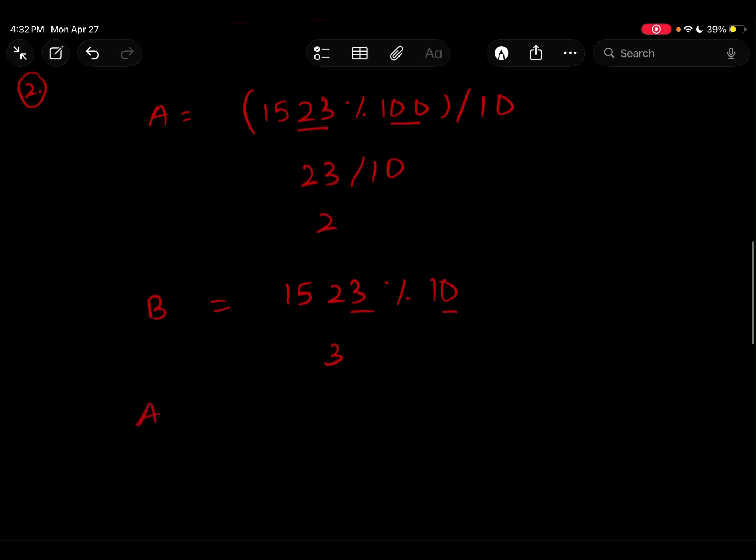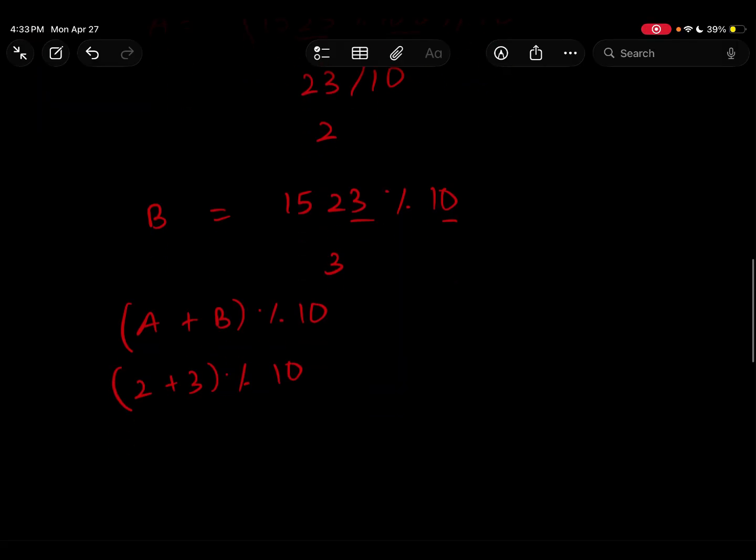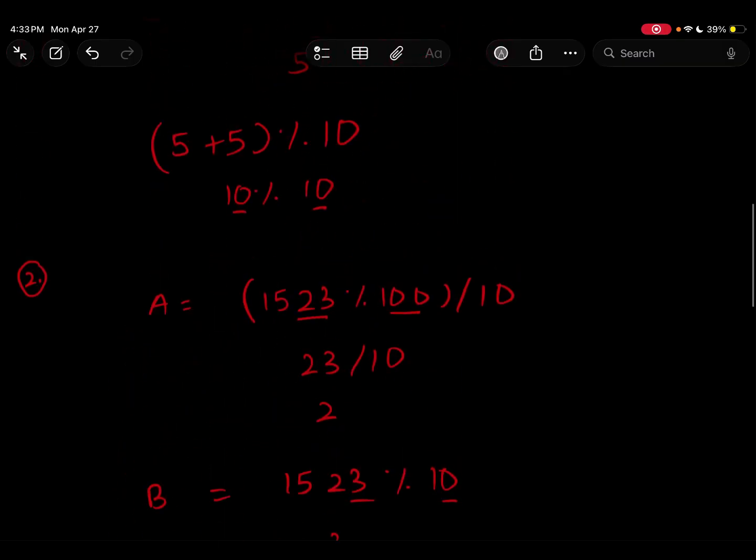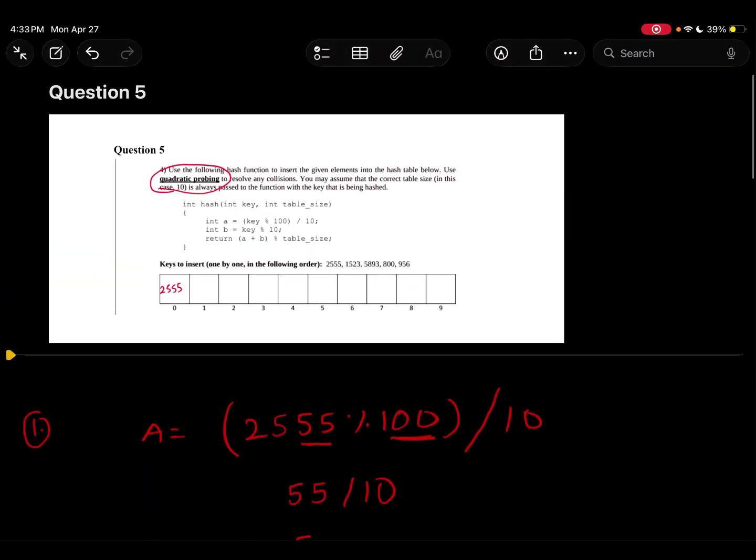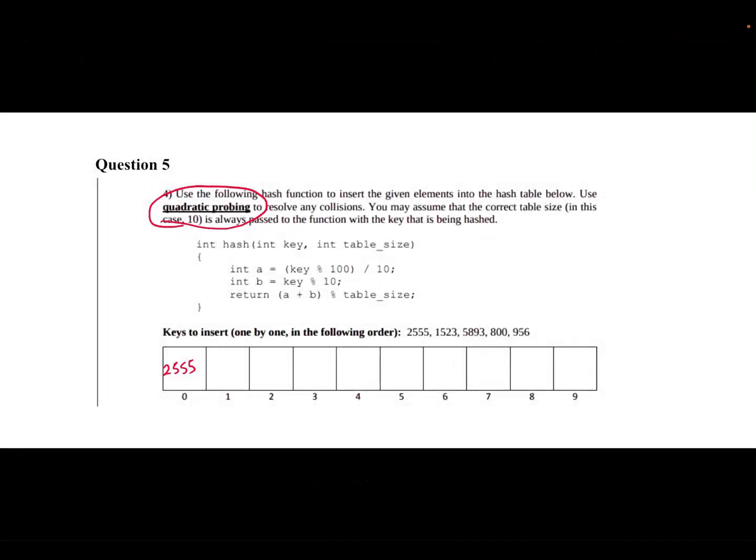So value of A plus value of B mod the table size: 2 plus 3 mod 10, so 5 mod 10 is just 5. So I insert the value 1523 at index number 5.